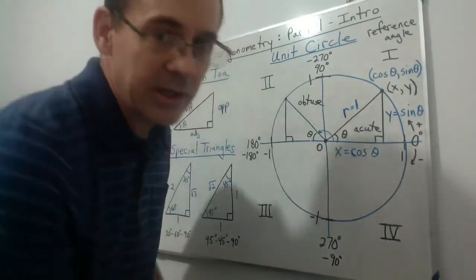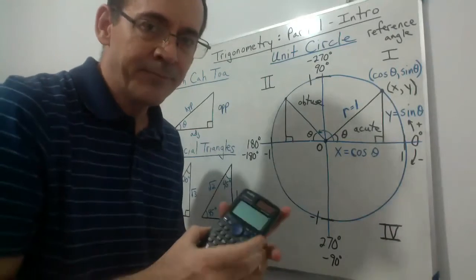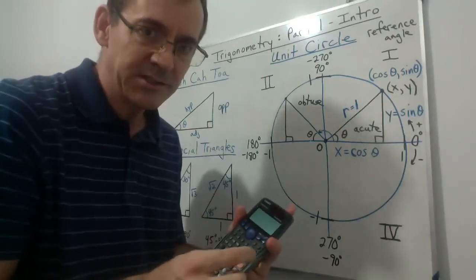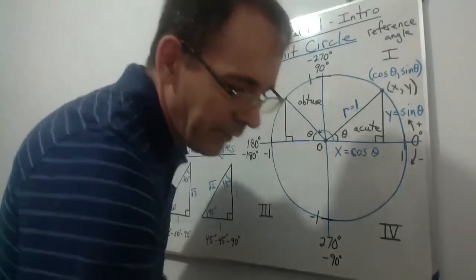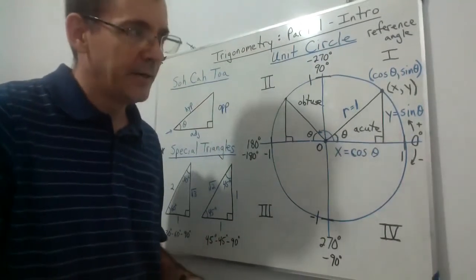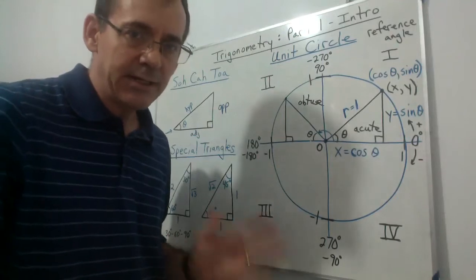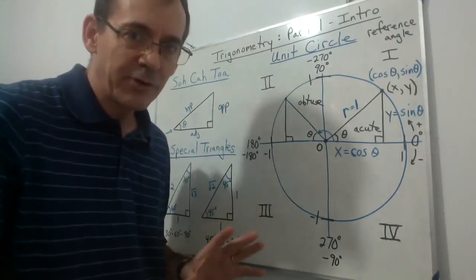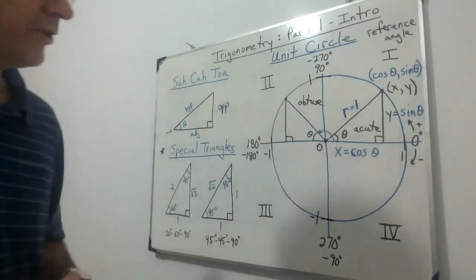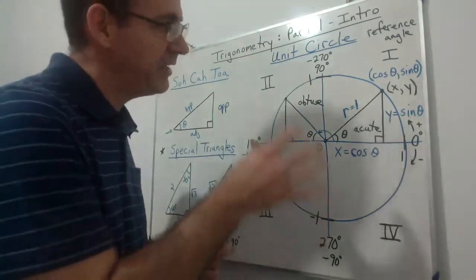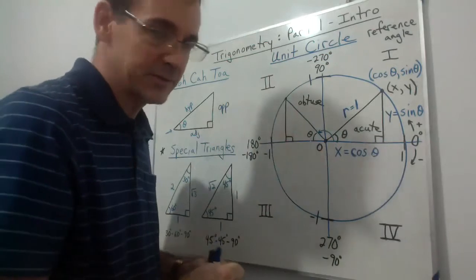When you get into working with your calculator and stuff, your trig functions basically give you answers that are generally reference angles, with the exception of cosine. So you need to be able to work with reference angles.